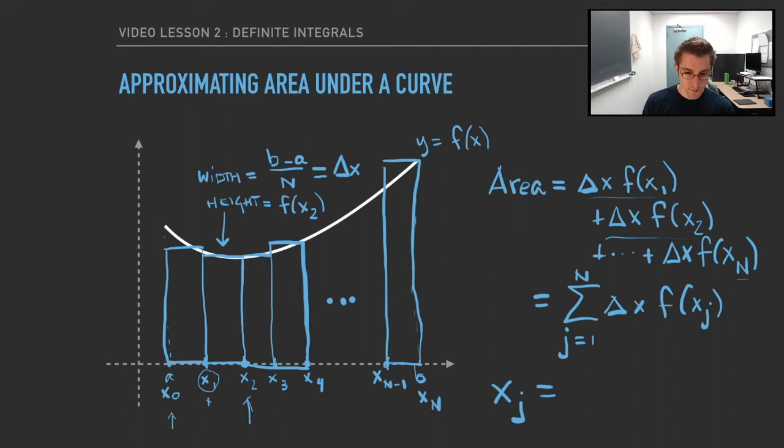So what that shows is that x2 is equal to a plus 2 times delta x. And in general, xj is equal to a plus j times delta x. Okay, so this is useful because we can actually use this to compute things, right? J is just an indexing variable, a is a number, delta x is a number. Okay, so that's that development.